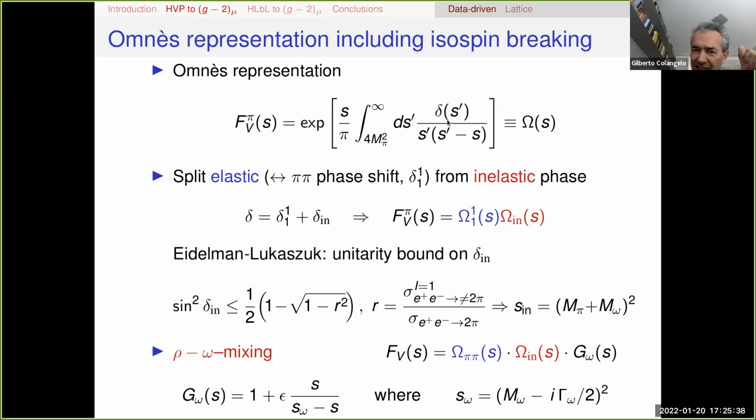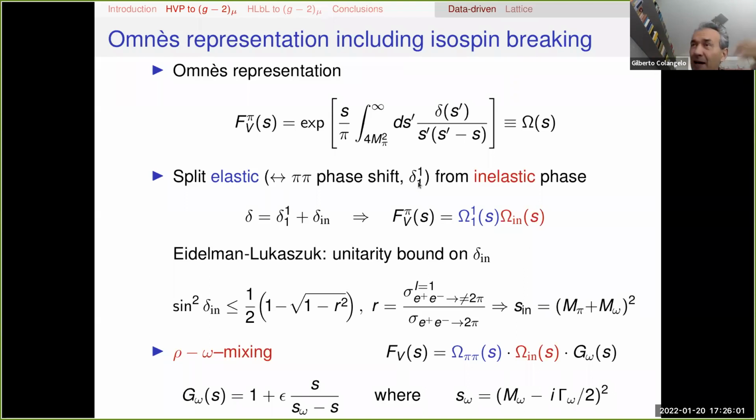Now, what is here in this integral, which is the argument of the exponential, is the phase of the form factor. In the elastic region, the phase of the form factor coincides with the pi-pi phase shift, with the quantum numbers isospin 1 and angular momentum 1.